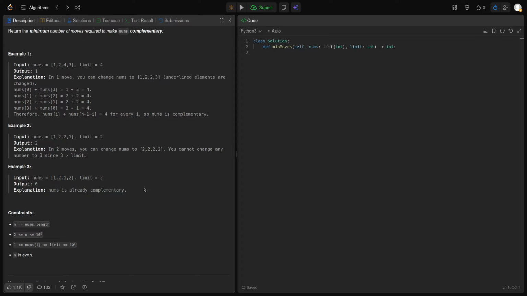What if we made a range? In 0 operations you can do just that sum. In one operation you can go from anywhere, from like 1 to nums i, or 1 to nums whatever, right? So probably that's how much you can subtract, so the maximum of those two.